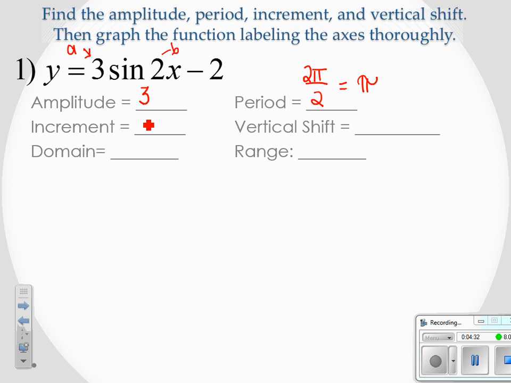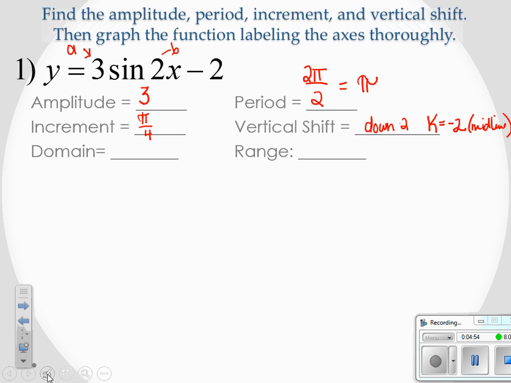The increment is the period divided by 4, so pi over 4. And our vertical shift is down 2. So our line is K equals negative 2. Okay, that is our new midline, and that's going to be important.